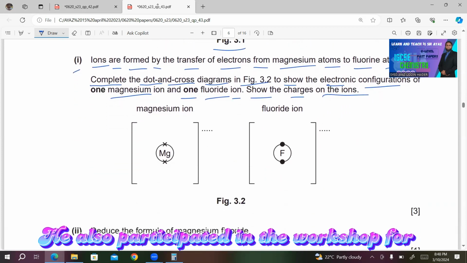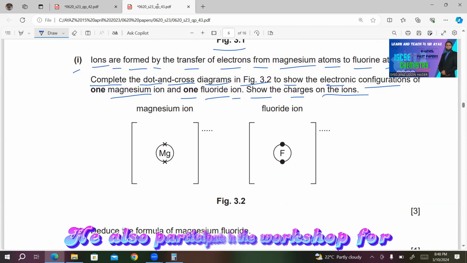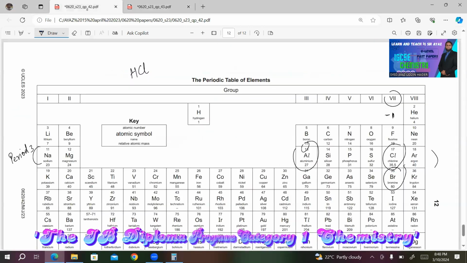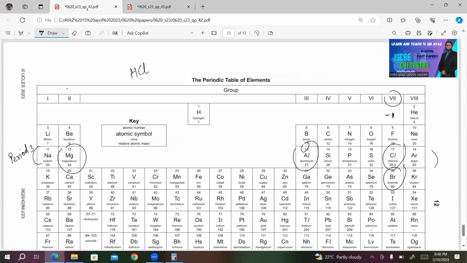First of all, you should know how many magnesium and fluorine atoms are involved during this transfer. Magnesium belongs to group 2, which carries a +2 charge. Fluorine belongs to group 7, which carries a -1 charge.